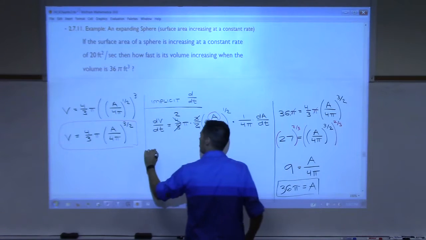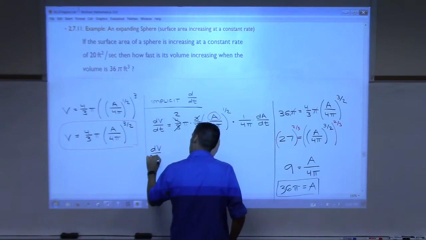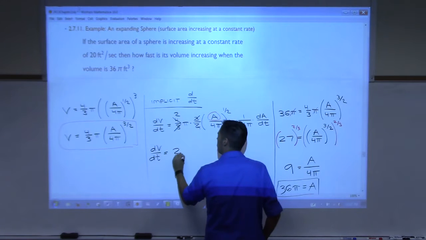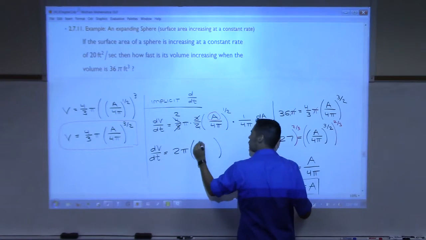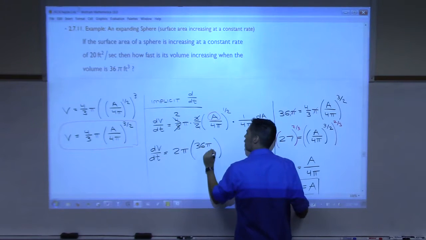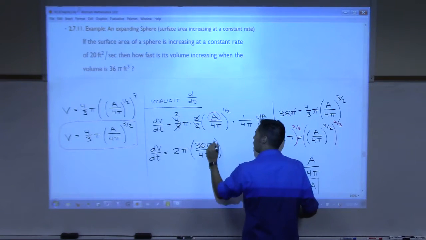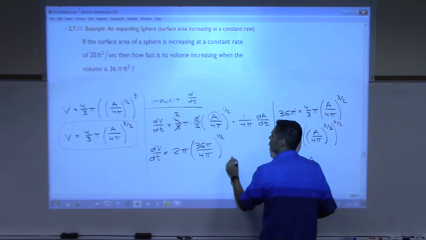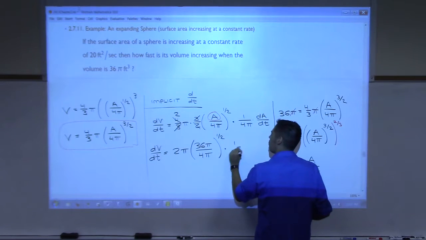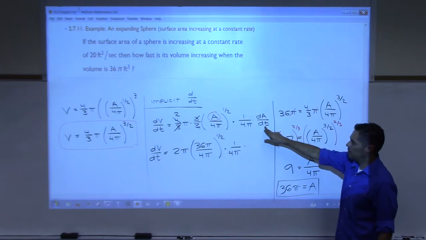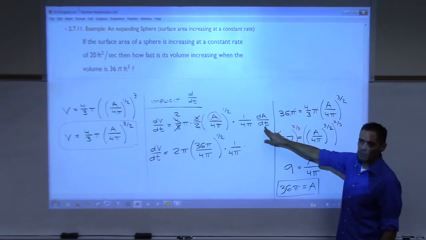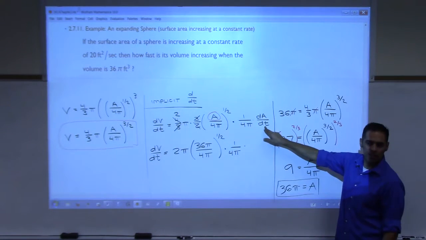dV/dt is equal to, I have a 2 pi, in here A, which is 36 pi, over 4 pi, raised to the 1/2, times 1 over 4 pi, times, what's dA/dt? 20.